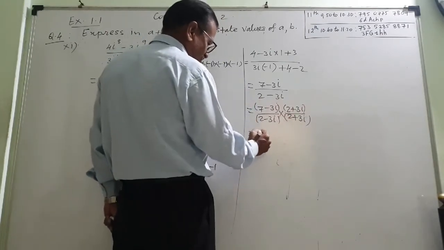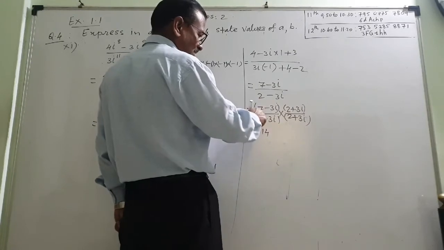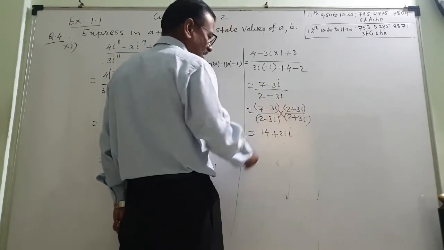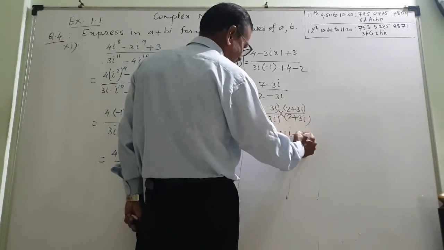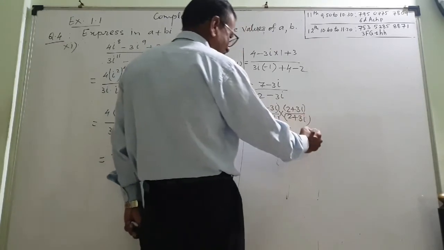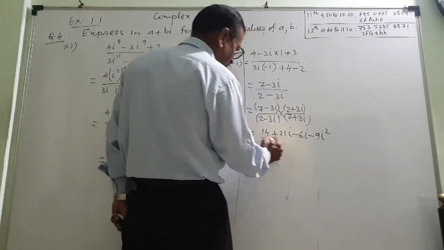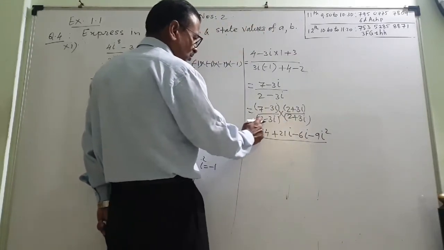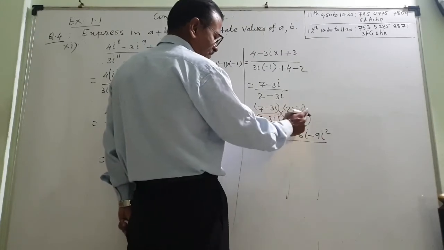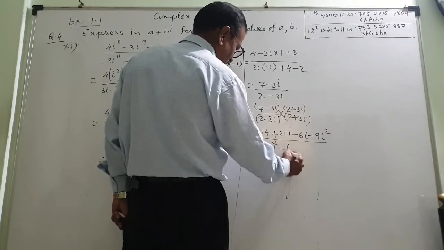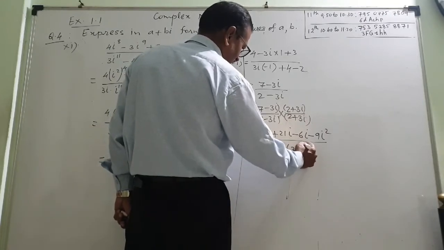So 7 twos are 14, 7 threes are 21 i. Now minus 3 twos are 6i, minus 3 into 3i is minus 9i square, upon a minus b, a plus b, a square minus b square.